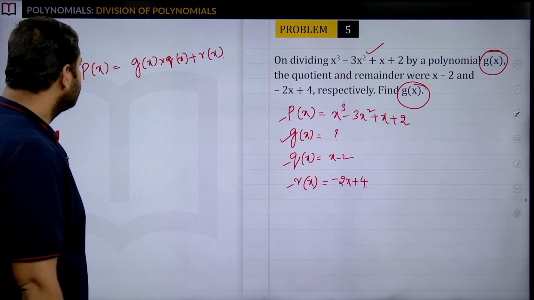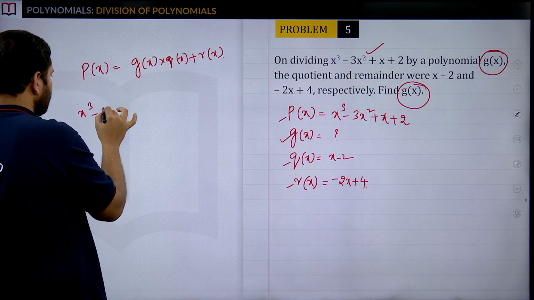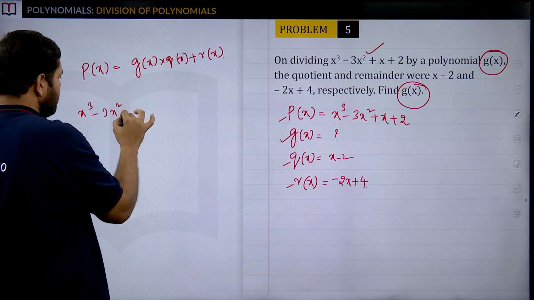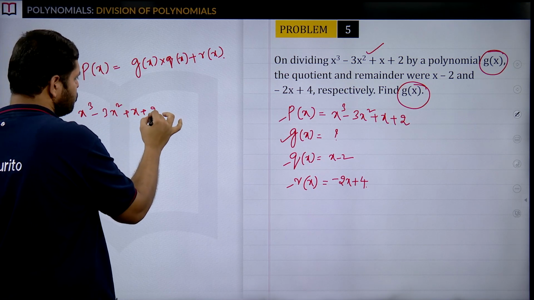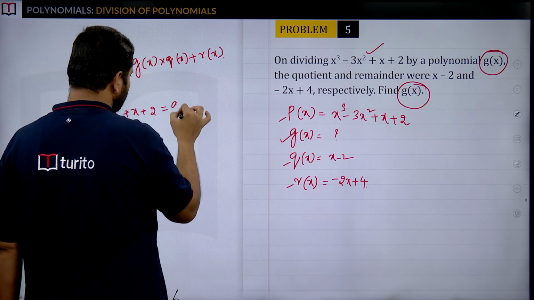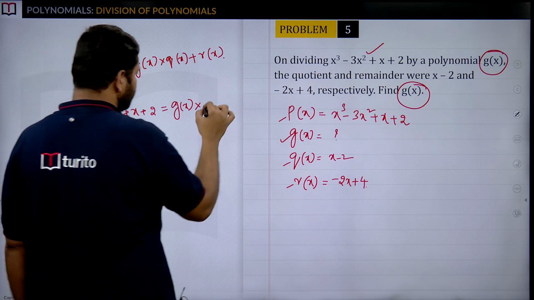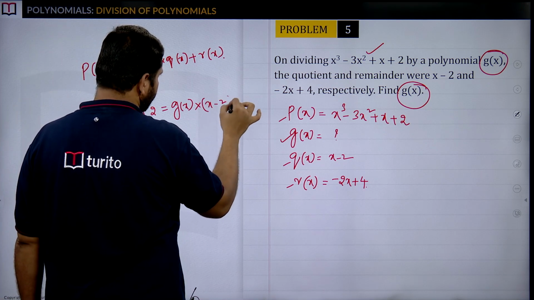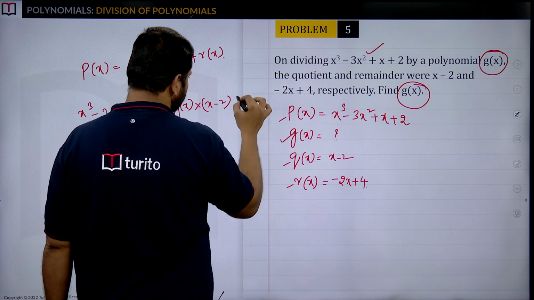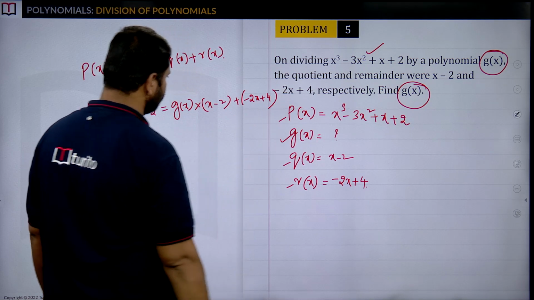Then we can write p of x, x power 3 minus 3x square plus x plus 2, equal to g of x, which we don't know, let it be g of x only, into q of x, x minus 2, plus r of x, minus 2x plus 4.